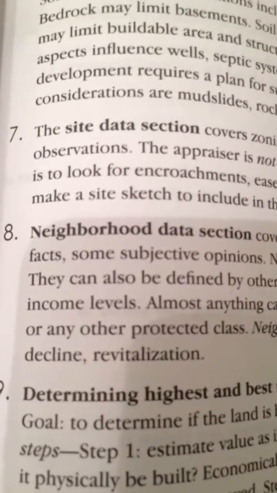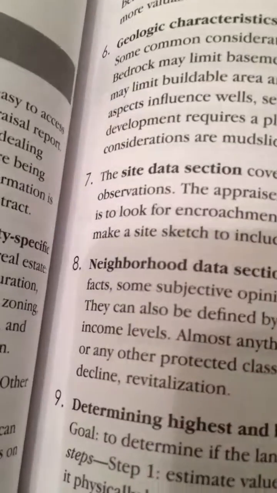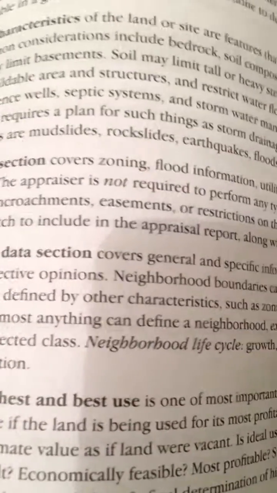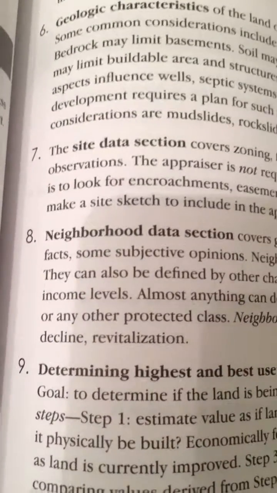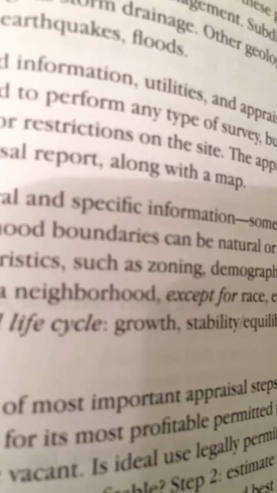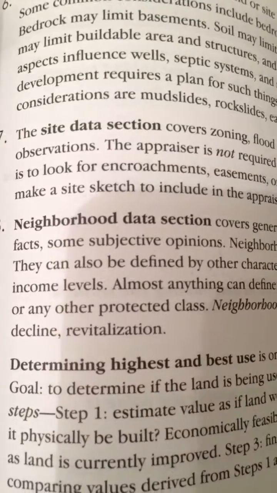8. Neighborhood data section covers general and specific information, some objective facts, some subjective opinions. Neighborhood boundaries can be natural or man-made. They can also be defined by other characteristics, such as zoning, demographics, or income levels.